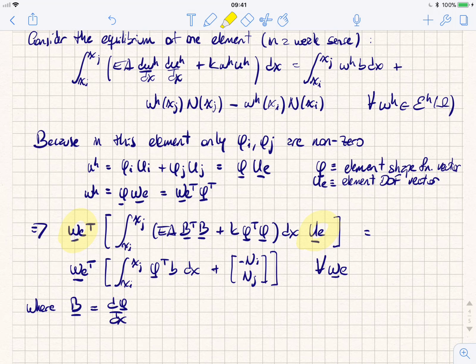So that is all that happened between these two steps. I just take the trial solution, I take the weight function, and I am doing this in matrix form because it's easier. And then I plug that into the expression up, and then you see that the statement above becomes the statement below, where this is no longer valid for all WH in the subspace, but for all vectors. It's a finite dimensional vector.